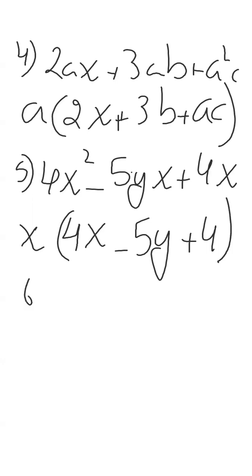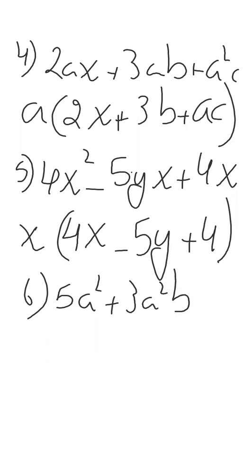The last one of exercise 2, part 6, we have 5a squared plus 3a squared b minus 2a squared c.